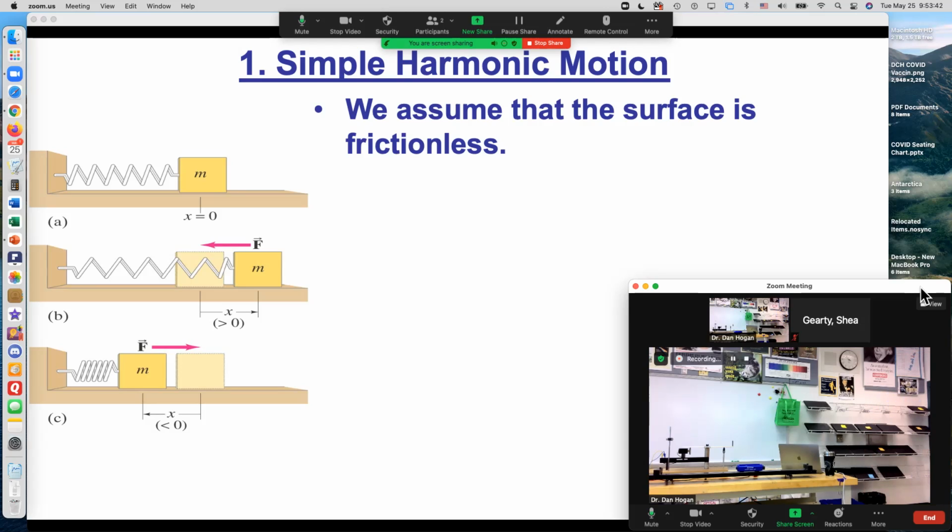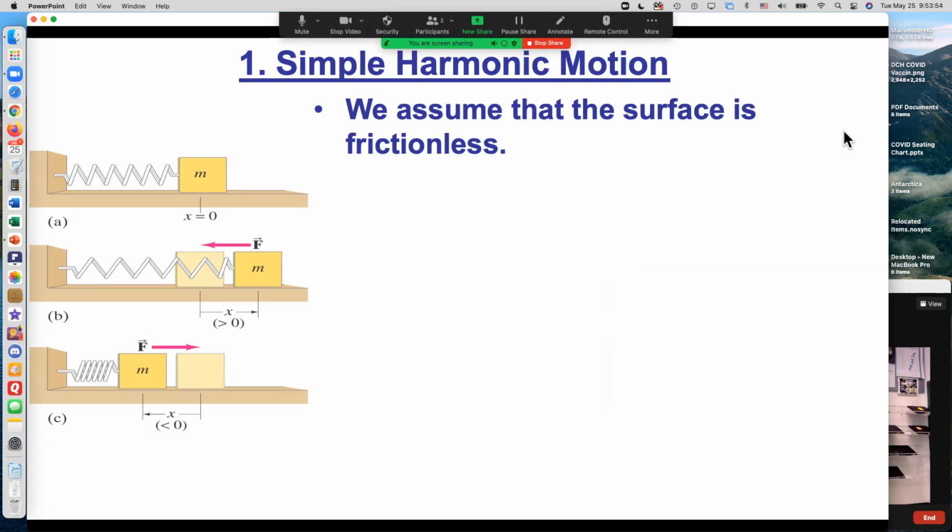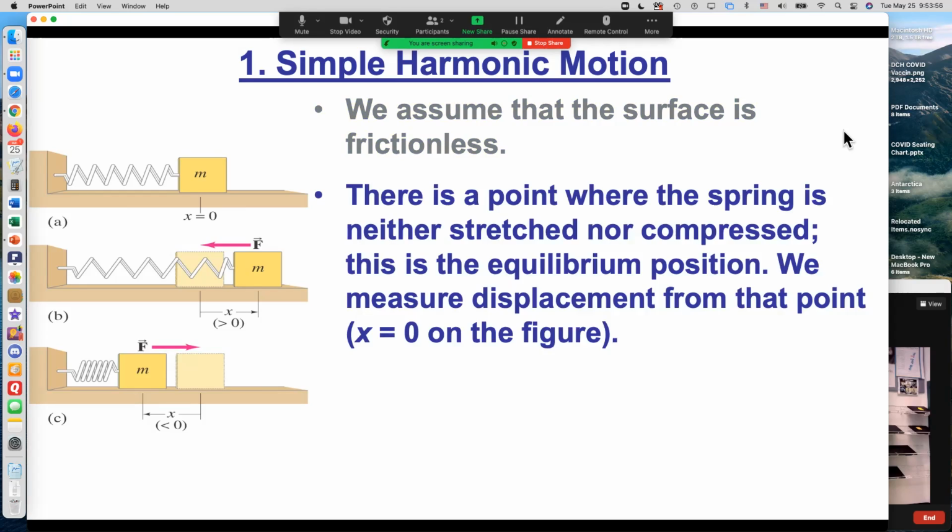If we extend the spring, the restoring force is going to be back the other way. So that's what I just said.